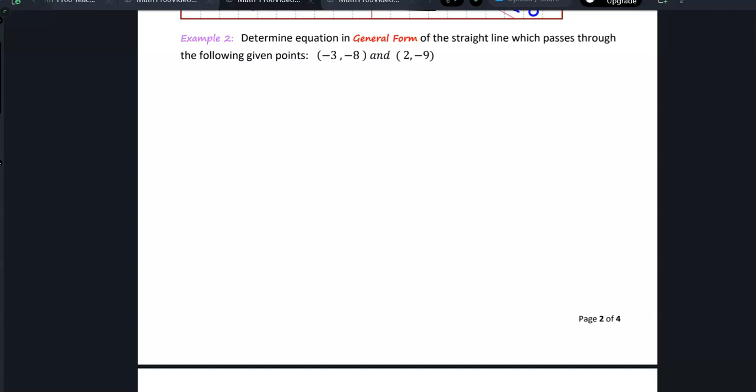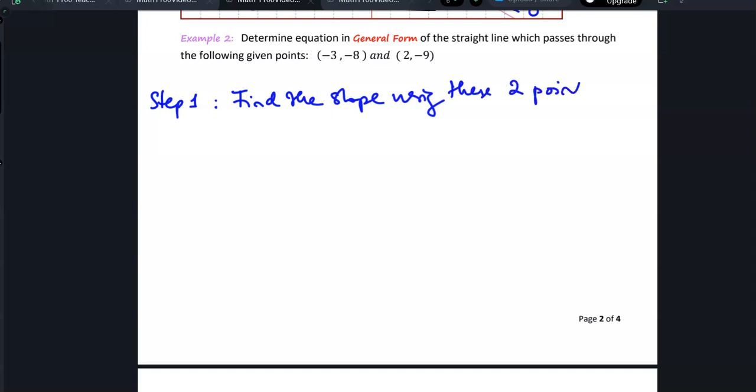Step number 1 is to find the slope using these 2 coordinates that are given for us. And remember, m equal to y2 minus y1 divided by x2 minus x1.